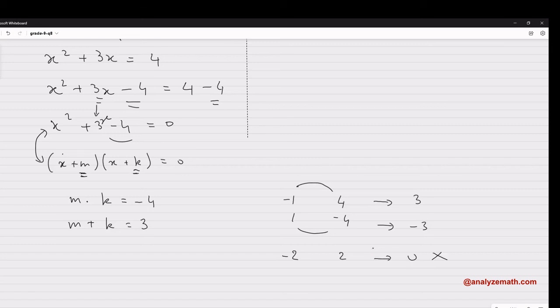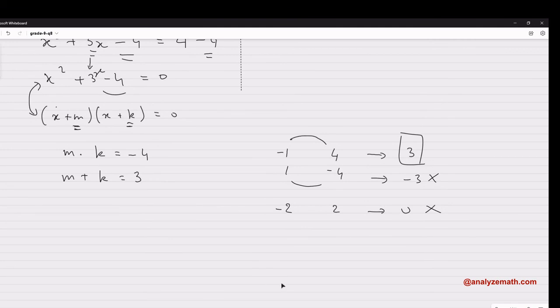So this is out, and this is out, and this is one possibility. So let's try it. Let's put the numbers and see. So my equation becomes x minus 1, and then x plus 4 equal to 0.